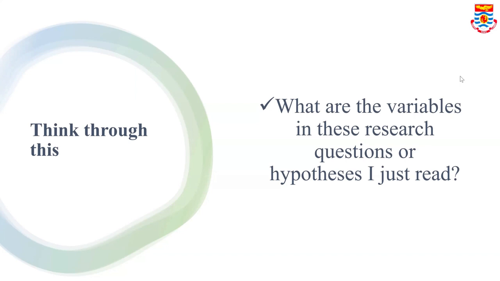So whenever you are analyzing the data you have collected with the instrument, you consider these variables because they tell you which statistical tool is or are the most appropriate tools to use. So you need to know them.